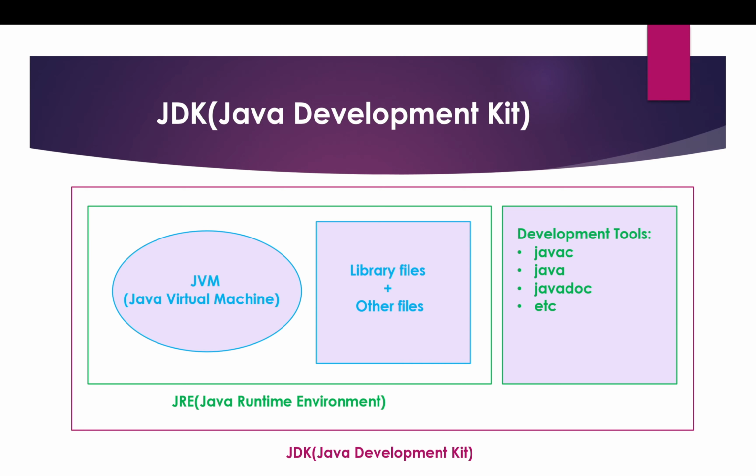Note one thing here: JDK and JRE physically exist, but JVM is just a virtual machine. It does not physically exist. JVM is the most important among the three because it mainly executes your program. What happens behind the scenes when you run your program, we will discuss shortly in the JVM architecture.